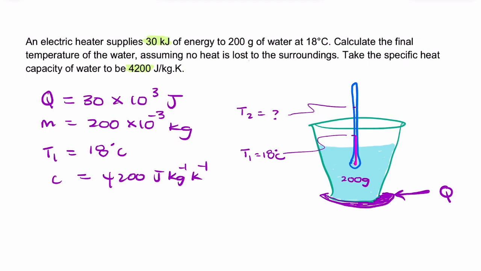Okay, so the relationship we have when there's no change of state is that the amount of heat supplied is the product of the mass times the specific heat capacity times the change in temperature. So we can rearrange that to find the change in temperature.